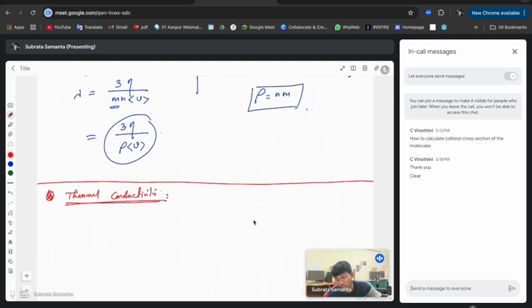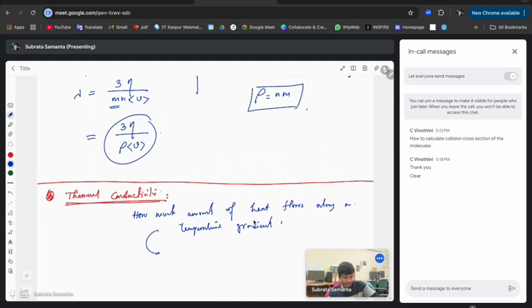So how much amount of heat flows along a temperature gradient, right?